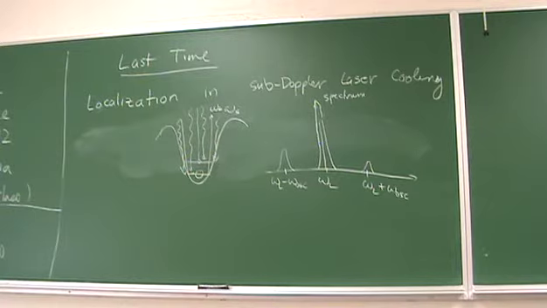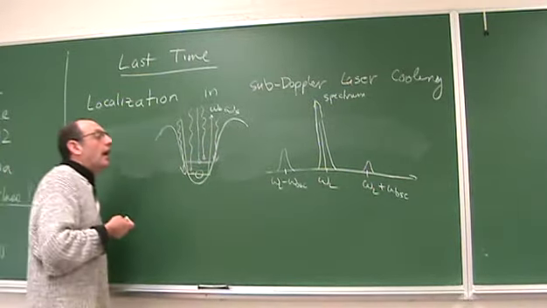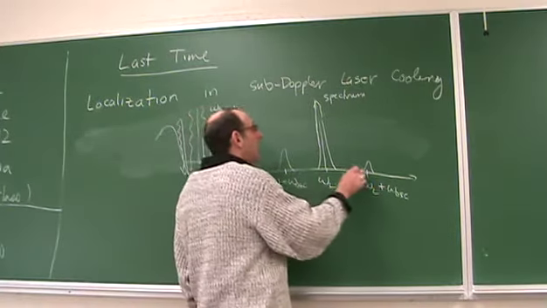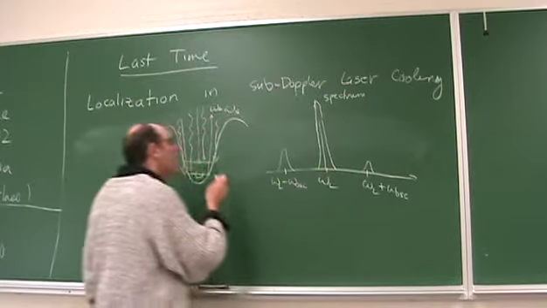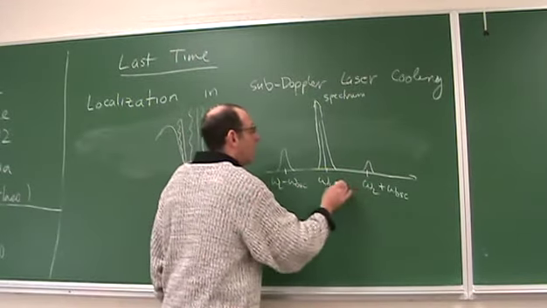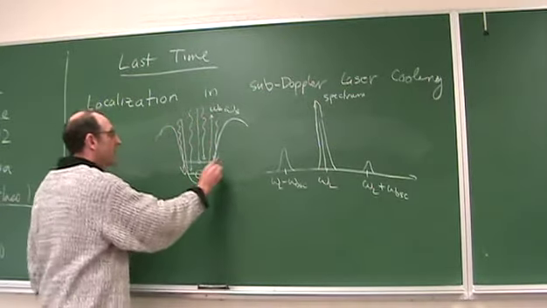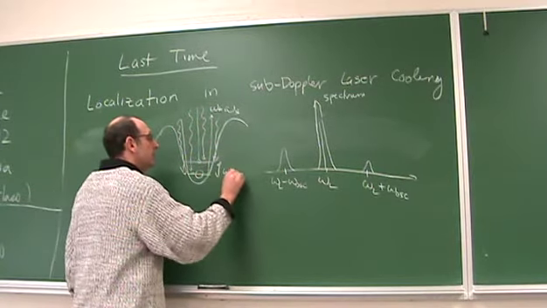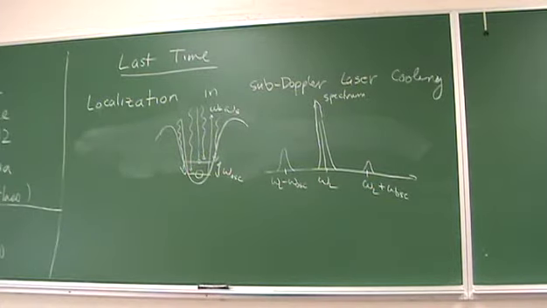And there was some small amount of light that was scattered at frequencies that were one oscillation frequency above or below, where the oscillation frequency is associated with the motion of the atom oscillating in the trap.